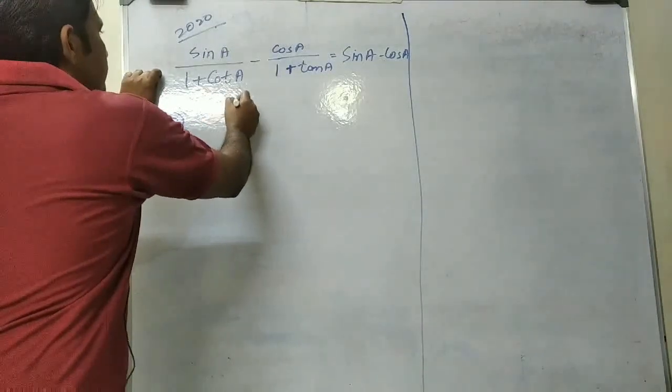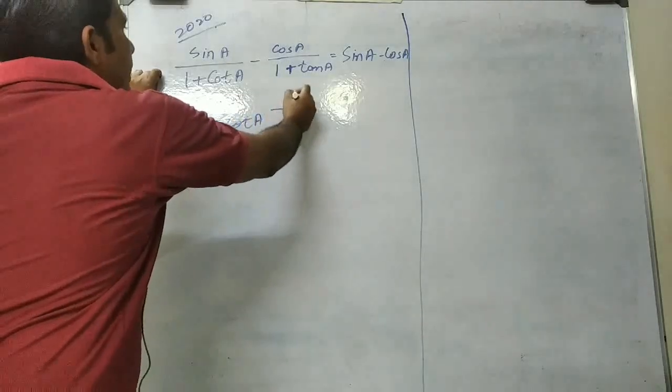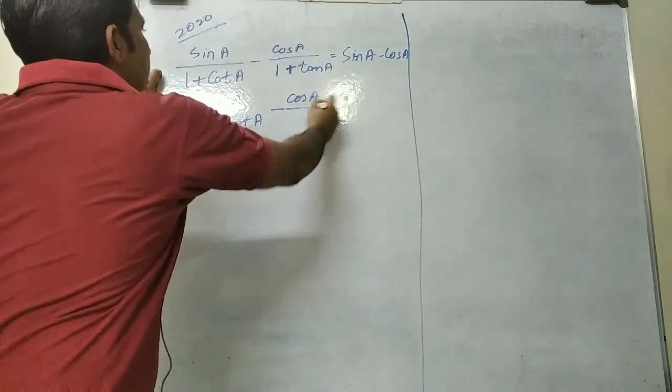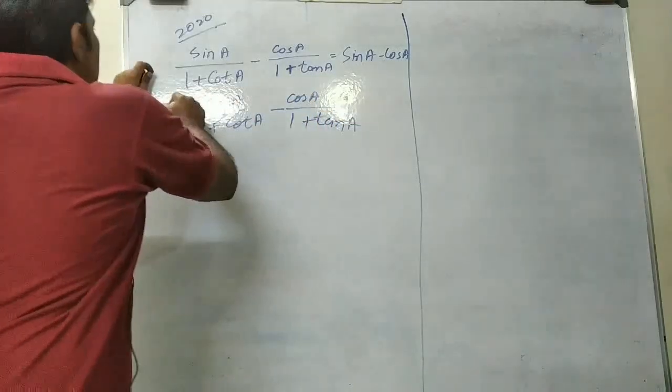Sin A by 1 plus cot A minus cos A by 1 plus tan A. From the LHS side we will go.